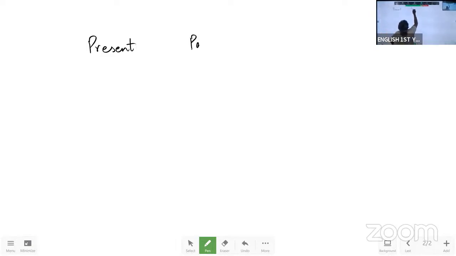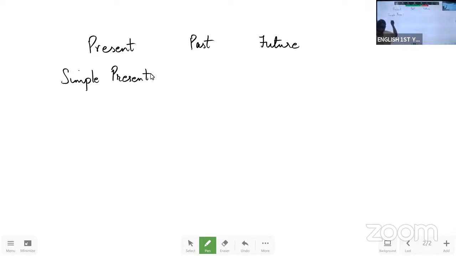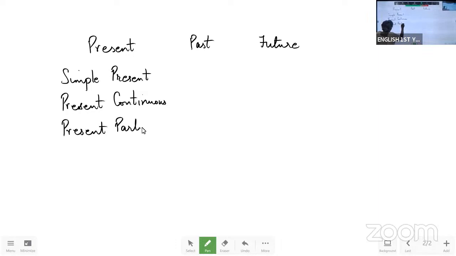Again, in this, each has 4 subdivisions, like simple present, present continuous, present perfect, and last is present perfect continuous.